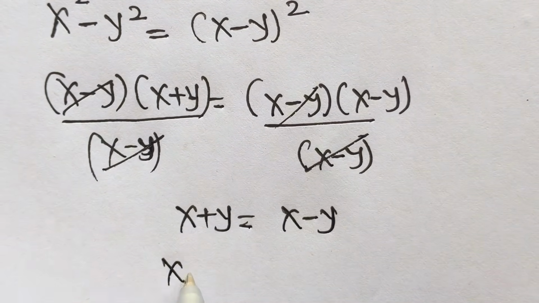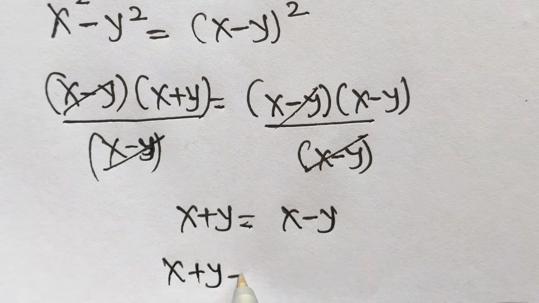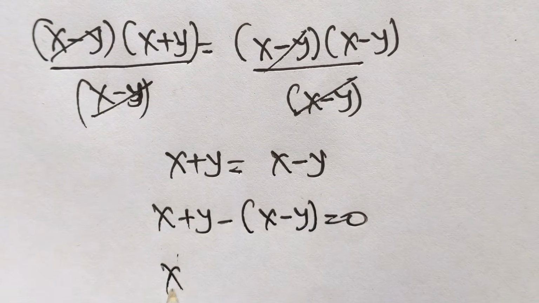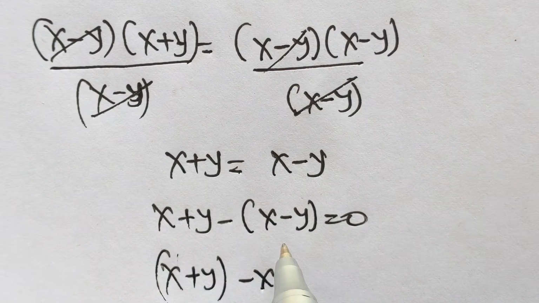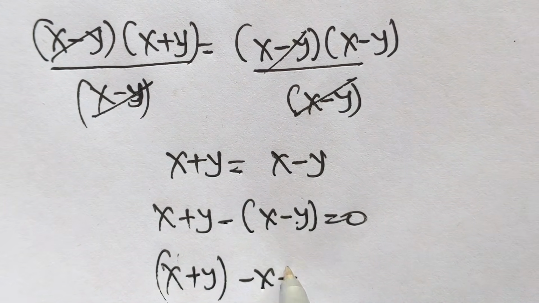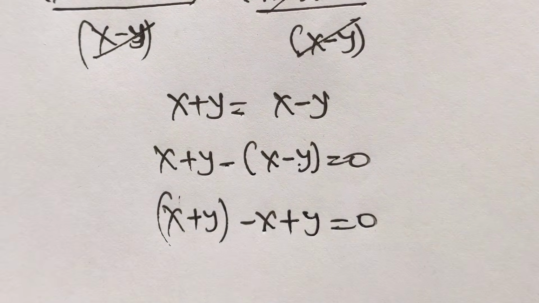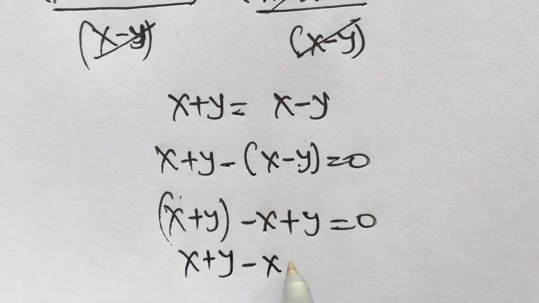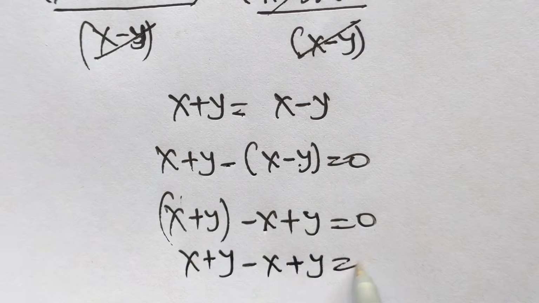By grouping right terms, x plus y minus x minus y will be 0, and of course x plus y minus x, then negative times negative equals to plus, and of course y plus y minus x plus y will be 0.